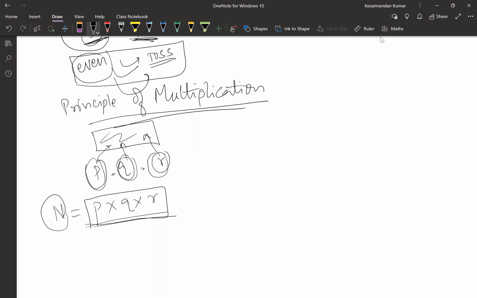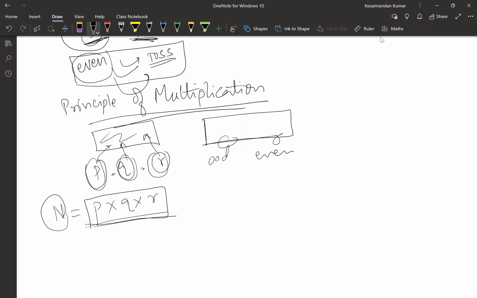Let's say these were completely independent events. How can I make them independent? Suppose this is your bus, and the number of people that travel through it are odd or even.